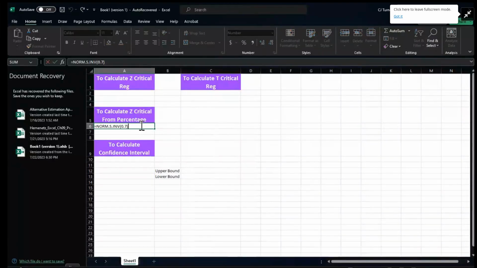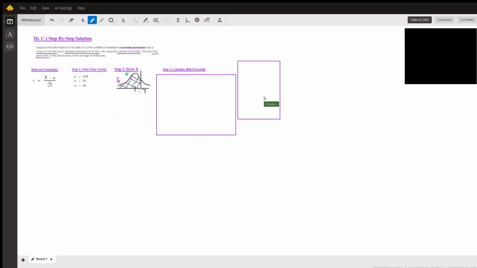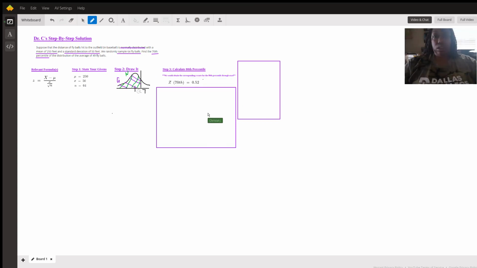The way you would do that is NORM.S.INV and then put 0.7 here for the probability, and it gives us a z-score of 0.52. So we would use 0.52 as our z-score.